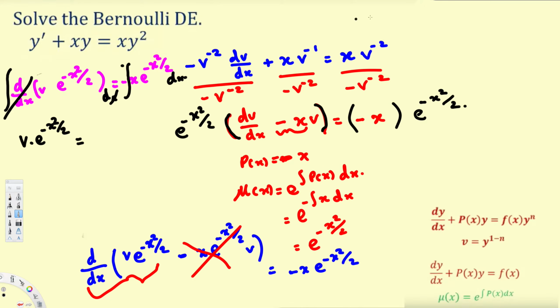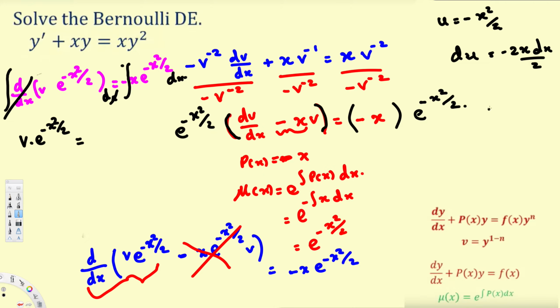So let's take u as minus x²/2, and du is going to be minus 2x dx divided by 2, so this is going to be minus x dx.